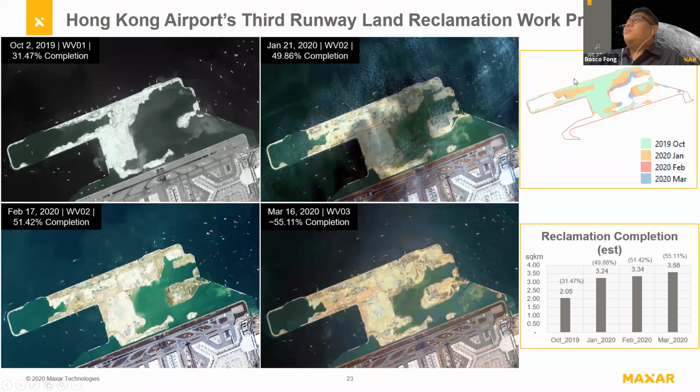And we are also able to measure, digitize and vectorize the total area that we calculated from the satellite imagery. This is the extended area, so we can see how the reclamation progressed. Different colors represent the total area obtained from different imagery.